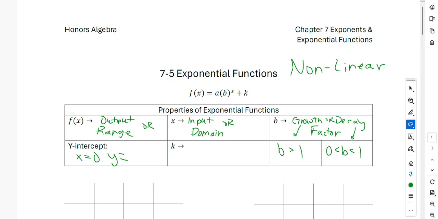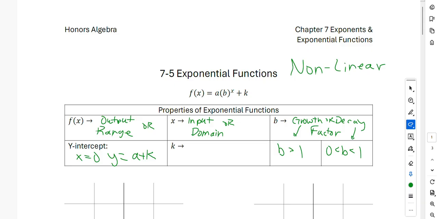If I plug 0 into x, I have a times b raised to the 0 plus k. What is anything raised to the 0? 1. So this expression turns into a plus k, regardless of whether a is positive or negative, regardless whether k is positive or negative. We will put a plus k.